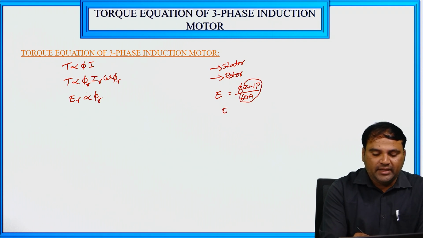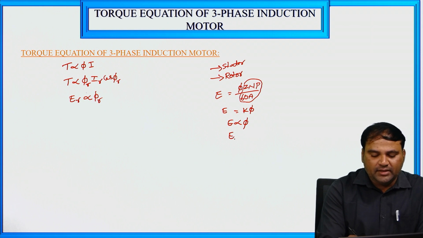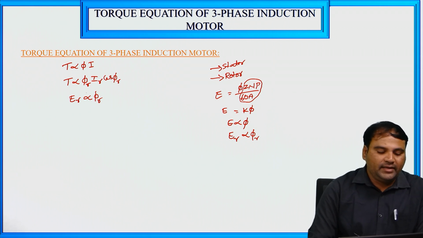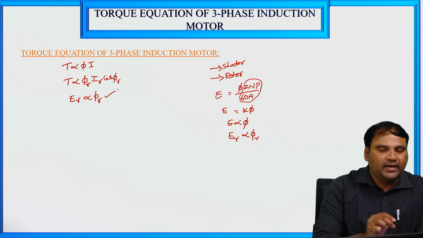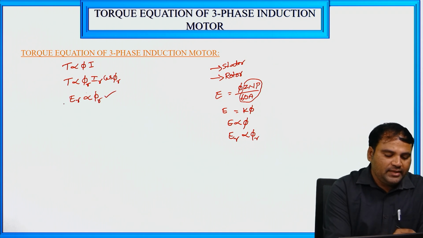So E equals some K into phi, that is E is directly proportional to phi, or the rotor EMF is directly proportional to rotor flux phi R. So I am taking ER directly proportional to phi R. Now substitute this ER value, in place of phi R, in the torque equation.